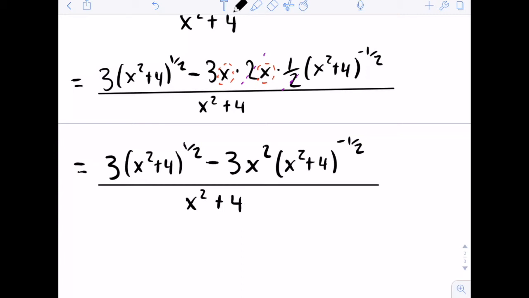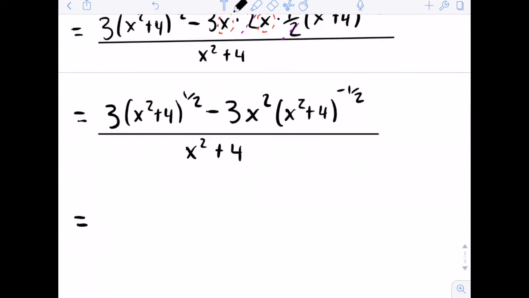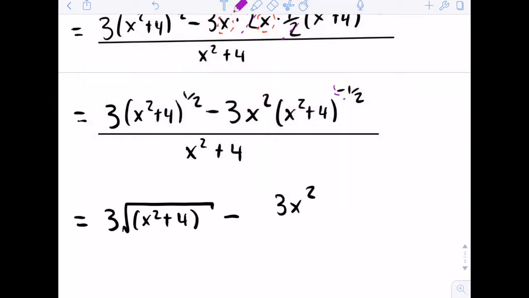Okay, so let's rewrite this just a little bit. Let's get the 1/2 powers out and rewrite them as square roots. So 3 now is being multiplied by the square root of x squared plus 4, minus 3x squared, but notice that there's a minus 1/2 in the powers.